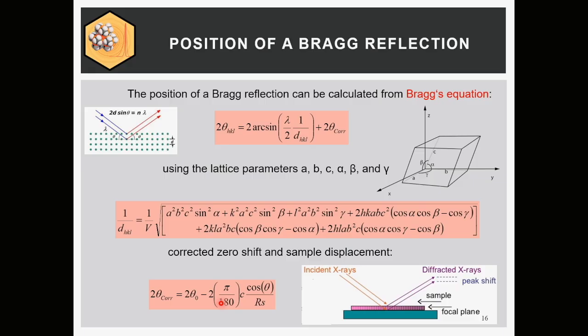You see, in this case, there would be 3 parameters plus the 6 parameters of your lattice, and the most general formula for the d spacing, which goes in here, is here, and you see this is a complex formula. So all these things combined just go in the Rietveld formula just to determine the peak position.